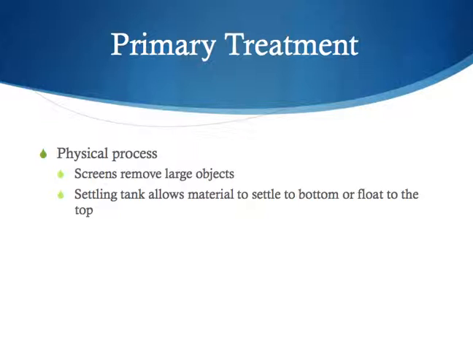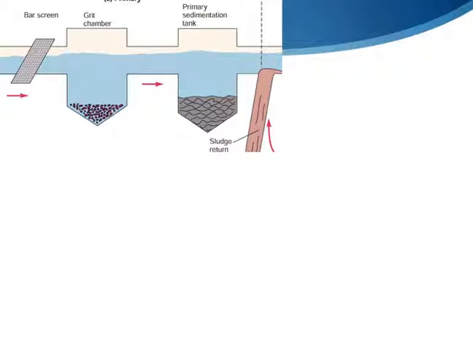And those materials, the solids, are taken to an incinerator or a landfill. The grit is typically taken to a landfill. And this stage removes 30 to 50% of all the total organic material that was brought into the system. At the same time, we may be skimming fats and oils from the surface of that waste stream.